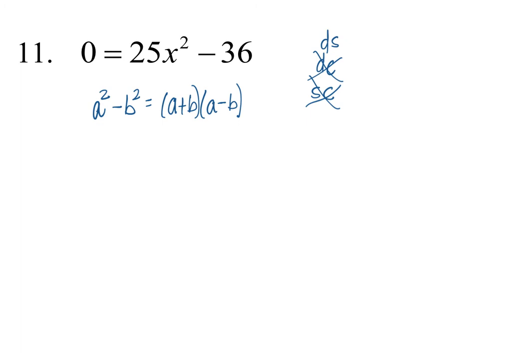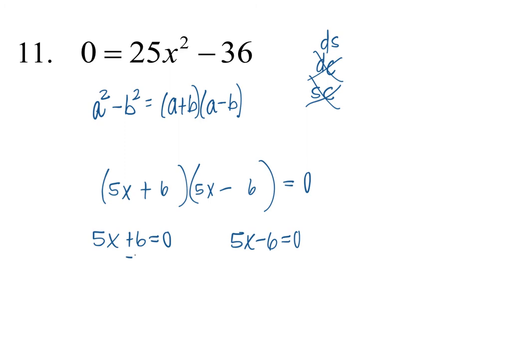So the square root of 25 is 5. The square root of x squared is x. And the square root of 36 is 6. So yes, it fit that difference of squares formula. And now I'm just going to set that equal to 0.